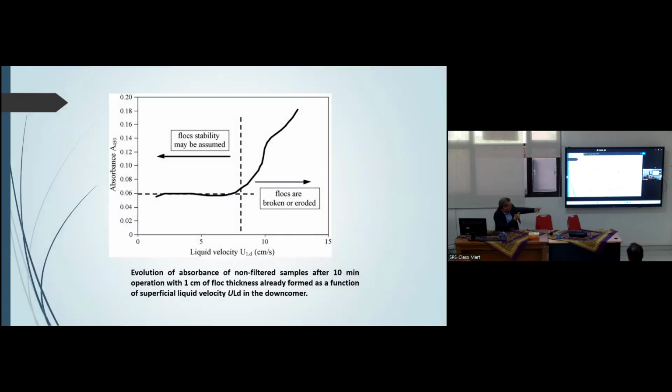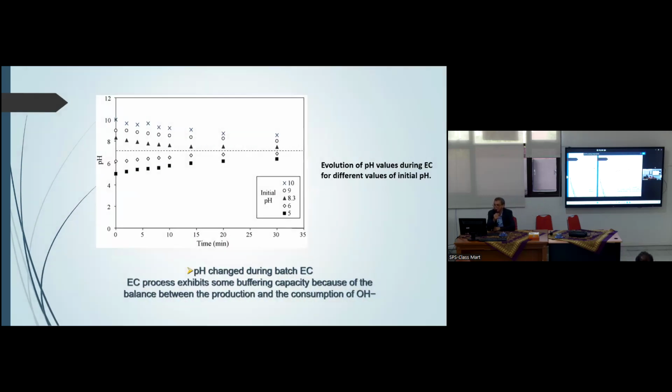This is the limit. We have to use, for example, the velocity that destabilizes the floc, which is 8 centimeters per second. So we have to manage the current to have a stable floc. This is the destruction of floc after 8 centimeters per second. Okay, next.